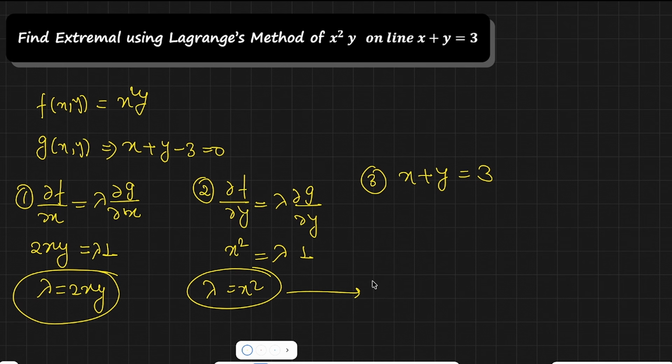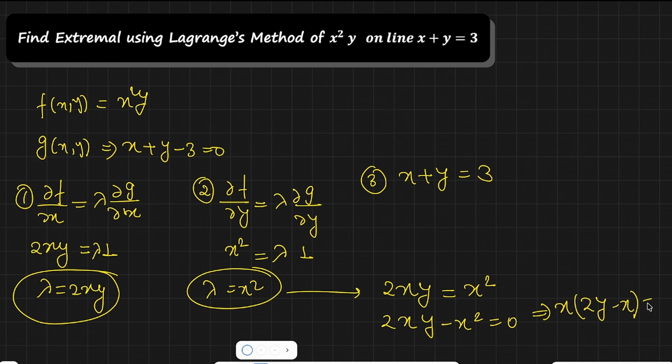Now using both of these I will write 2xy is equal to x square, or 2xy minus x square is equal to 0. If I take x common, then it is x times (2y minus x) is equal to 0. So from here x is equal to 0 or 2y minus x is equal to 0.